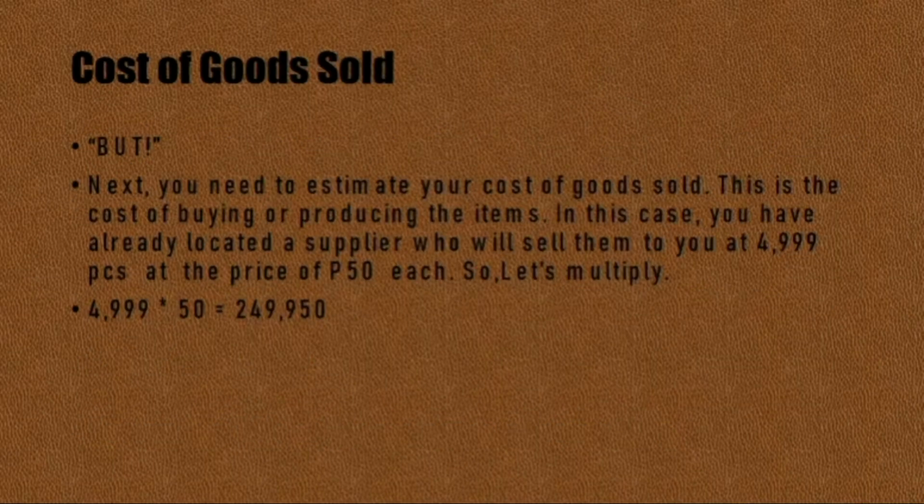Next is cost of goods sold. You need to estimate your cost of goods sold. This is the cost of buying or producing the items. In this case, you have already located a supplier who will sell them to you at 4,999 pieces at the price of 50 pesos each.